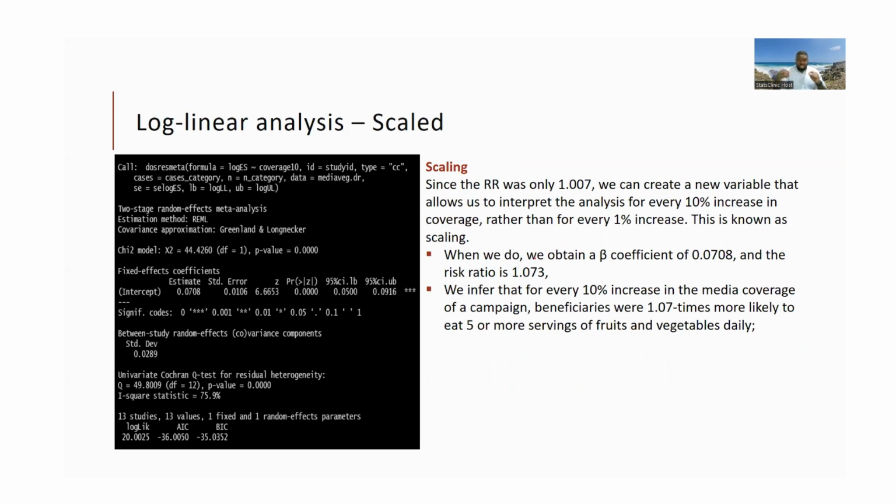Instead of saying for every 1% increase, now we'll say for every 10% increase, or if we scale by 100, for every increase by 100 units, depending on how we scale. Here we infer that for every 10% increase in the media coverage, remember we had 2 zeros before, now we have 1 zero, and this is 1.07 times, which is more reasonable and easier for the reader to engage with. When there are too many zeros, it's hard to understand whether it makes sense or not.